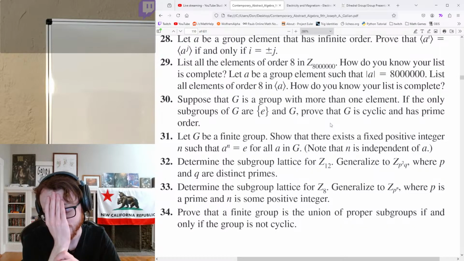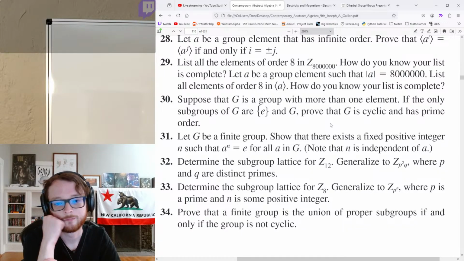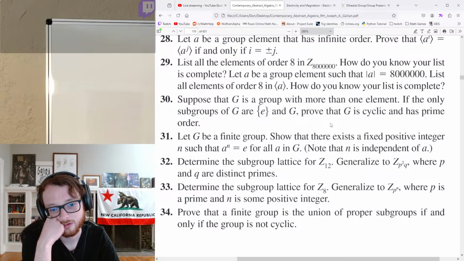By closure, you're going to run into issues with closure if this thing wasn't true, right? I think. The only subgroups of G are E and G. Prove that G is cyclic and has prime order.